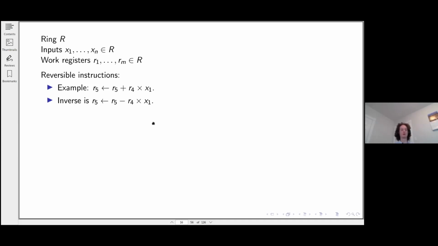Since we're interested in computations where your extra memory starts in an arbitrary state, I'm going to introduce some notation for the initial state. We're going to say tau sub j denotes the starting value of register rj before the computation runs. In this setting, let's imagine we want to compute some function f.